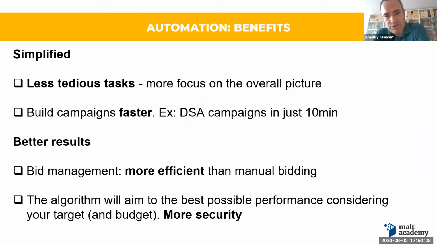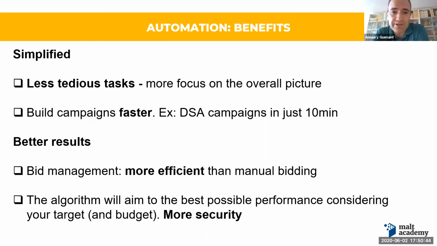So now you probably understand some of the benefits. The obvious benefits: you're going to have fewer tedious tasks, and you're going to be more focused on the overall picture. When you're using automation, and talking about bid strategy in particular, you're not going to focus on the micro level. You're not going to log into your account every single day to change the bids, especially if you're managing 10,000 keywords, which happens if you're a retailer.